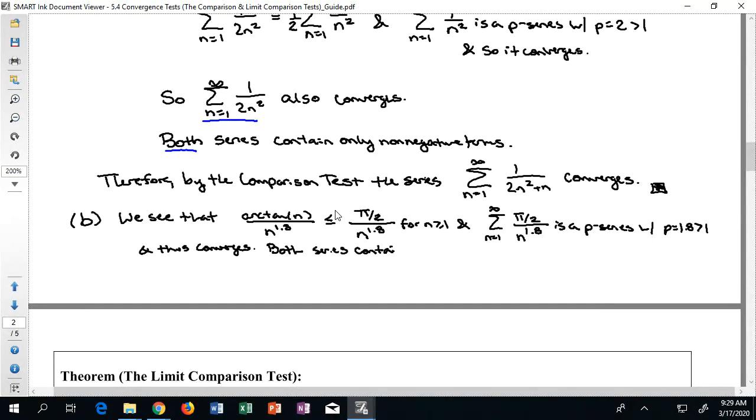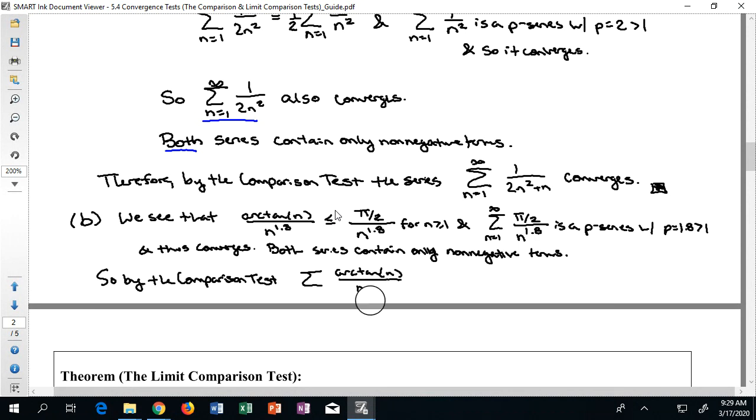Both series, again, obviously contain only non-negative terms. So by the comparison test, the series that we are working with must converge.